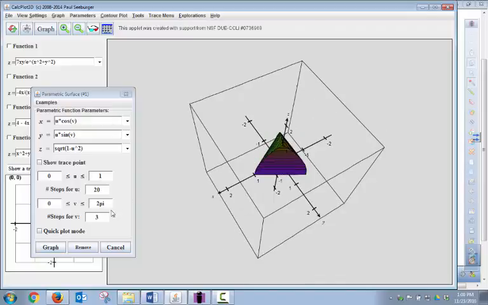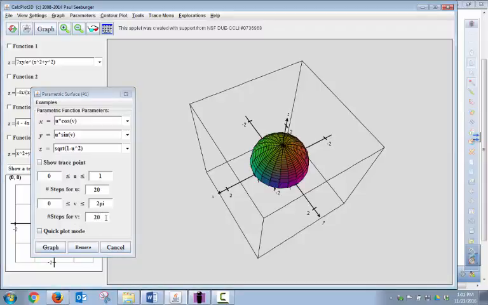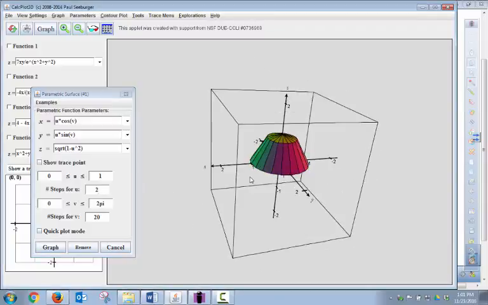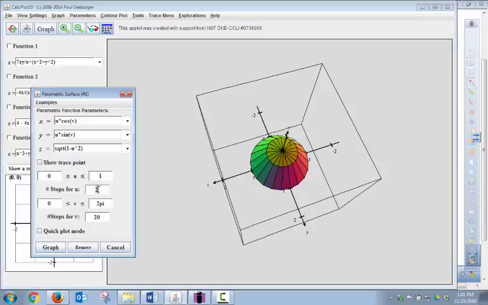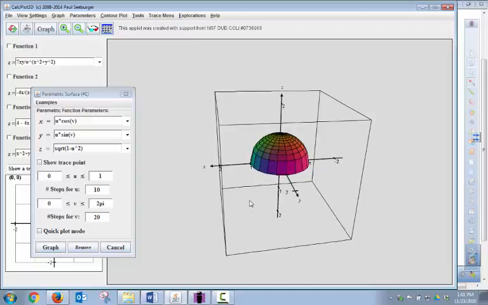I think if I took 5 steps, it looked like a nice pentagonal shape. Well, the more steps you take, the better it's going to be, so I think 20 would be good. If we just take 2 steps versus 3 steps, 4 steps, I don't have to go all the way up to 20. You take 10 steps and it looks good already.